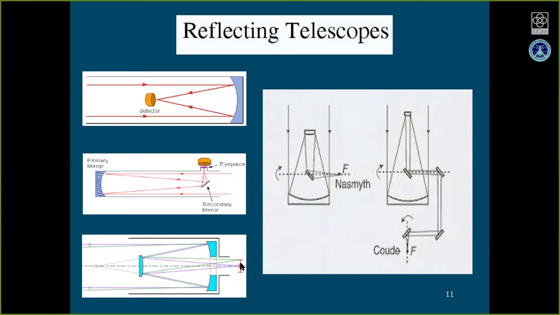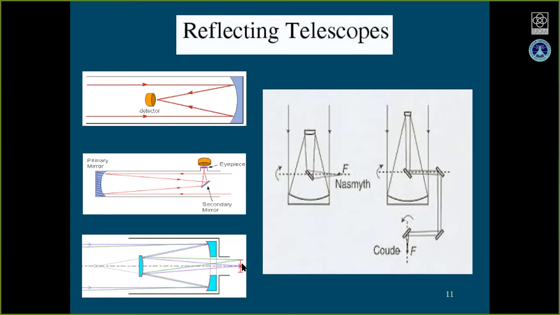So now what you can do, you can put your eyepiece here in this focal plane, or you can put your detector, or your spectrograph, here in this focal plane. Now it is a very robust telescope. It is just at the bottom of the tube, so it is very convenient for you to put your eyepiece, spectrograph or detector.